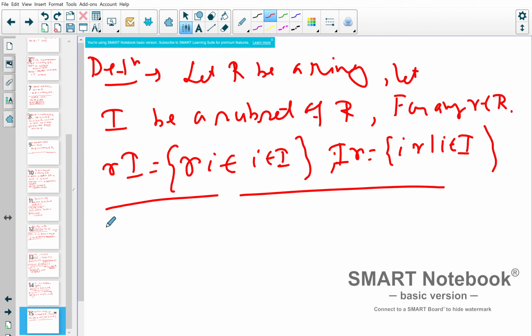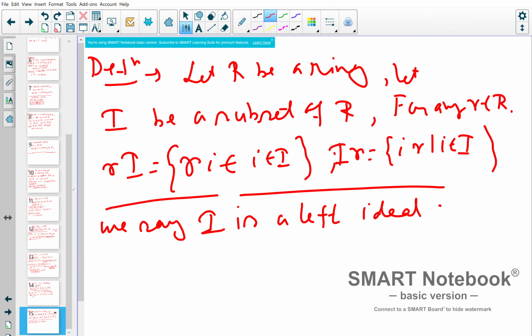Then we say I is a left ideal of R if two things happen.